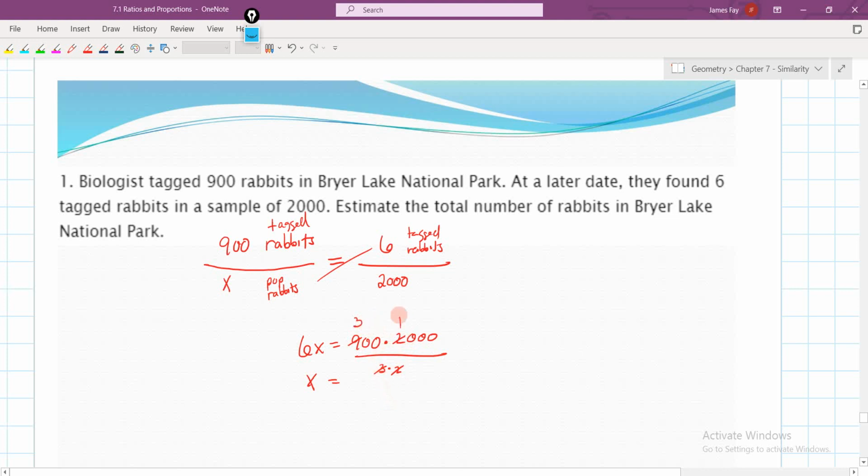So I've got 3 times 1, so 3, and then 1, 2, 3, 4, 5 zeros. So we're going to say we got 300,000 rabbits in this park based on this process.